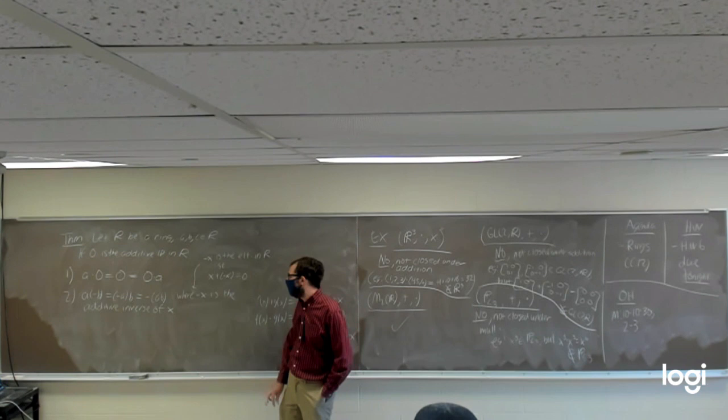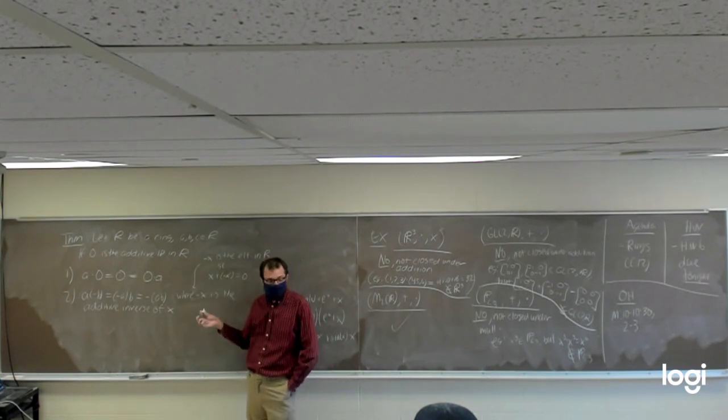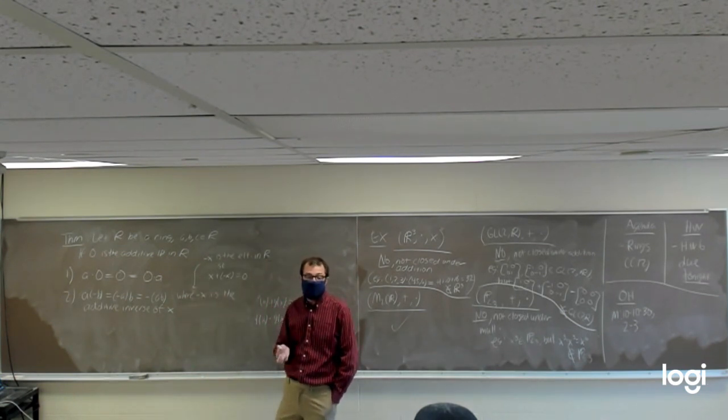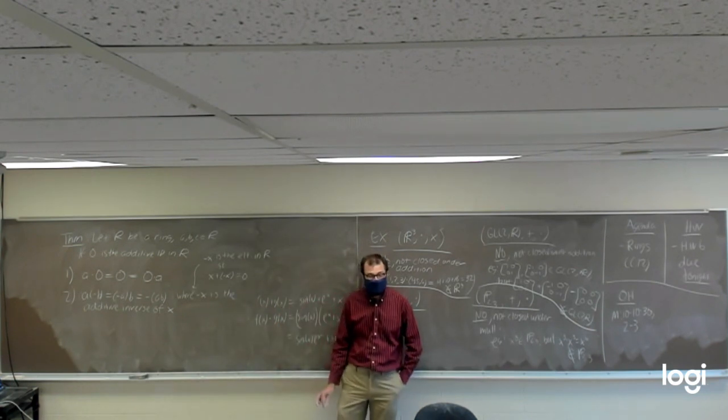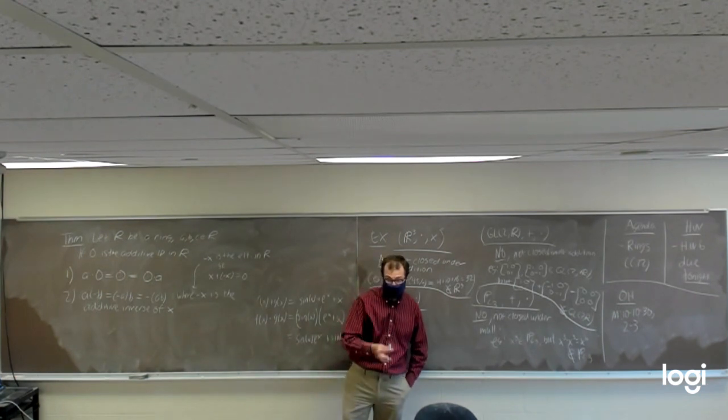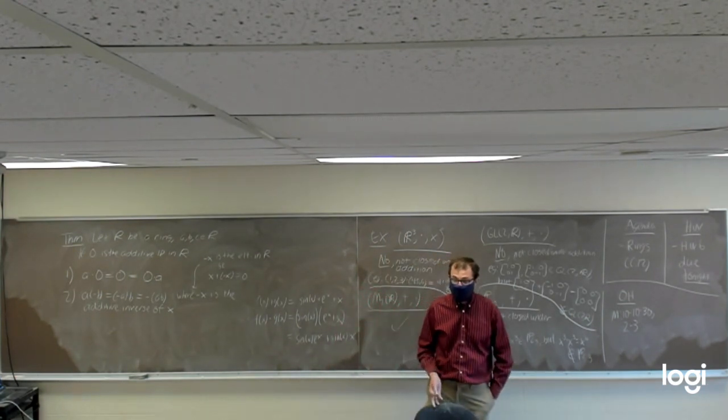Why do I need to specify, by the way, before we just said the identity or the inverse of an element? Why am I specifying here the additive identity of our ring or the additive inverse? Why do I need to specify that, do you think? Is it just because you don't need to have an inverse or identity in the multiplication?